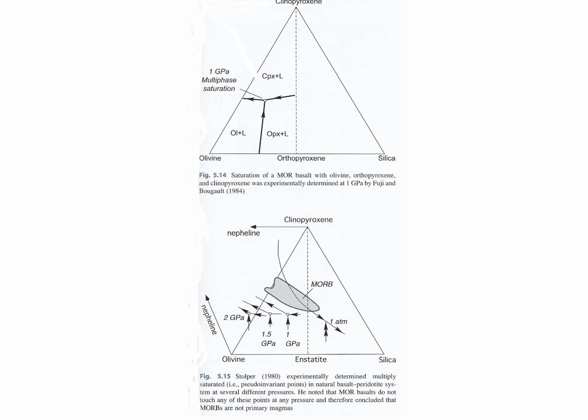He noted that mid-ocean ridge basalts do not touch any of these points at any pressure, and therefore concluded that MORBs are not primary magmas. Yeah? The MORB is the melt fraction which becomes removed from a melt, and here we have then the residuums, yeah? And these residuums consist of clinopyroxene, enstatite, and olivine.